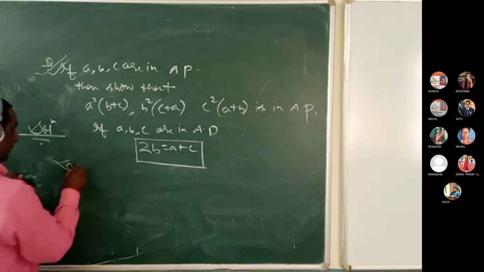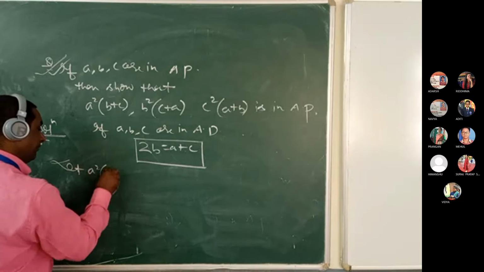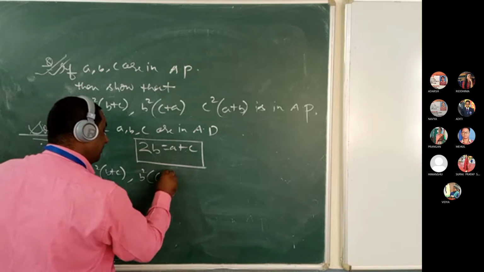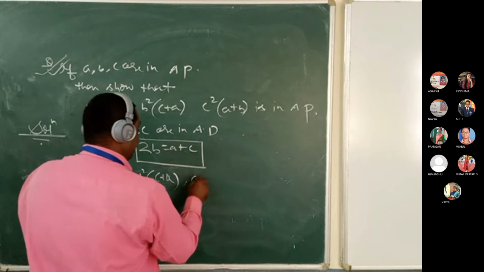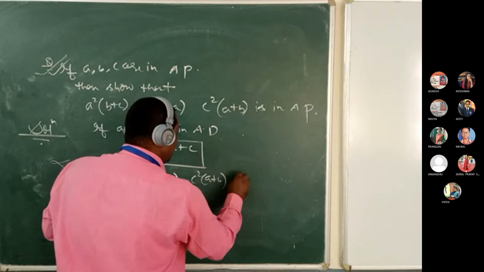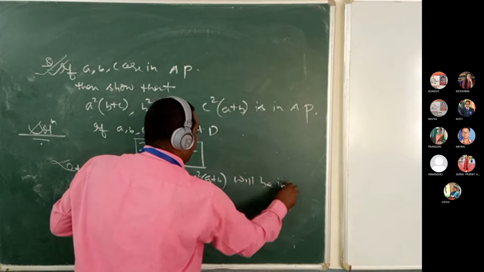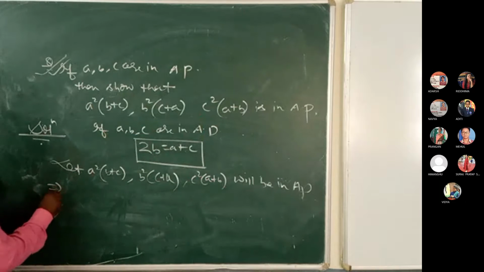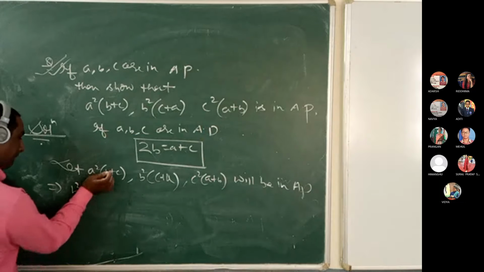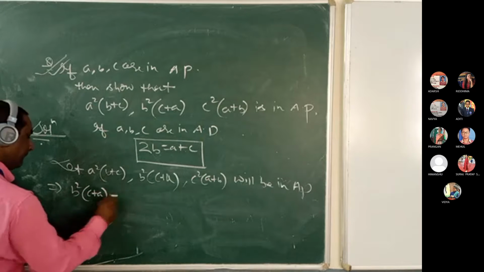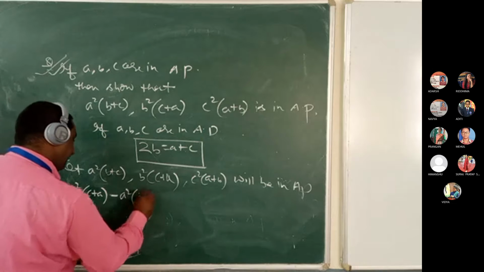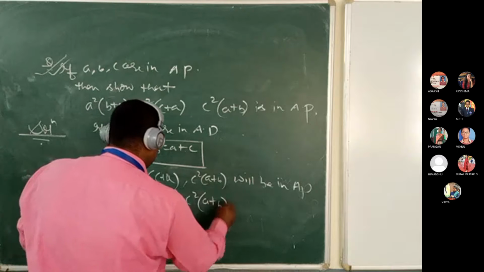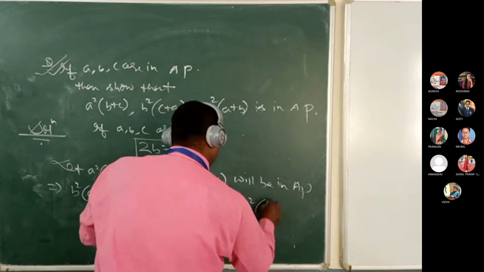Now let A square into B plus C, B square into C plus A, C square into A plus B be in AP. So what happens? Second term minus first term is equal to third term minus second term.